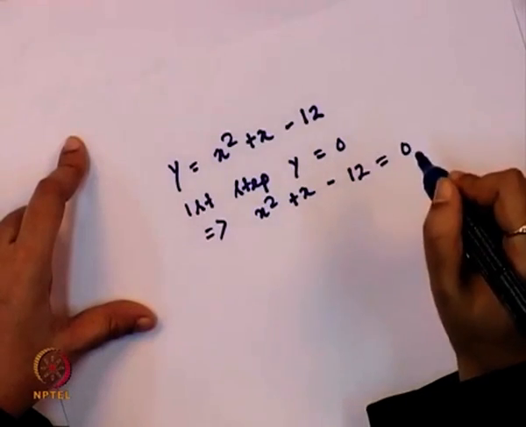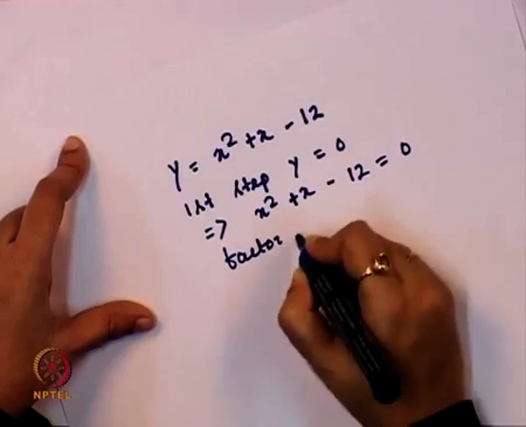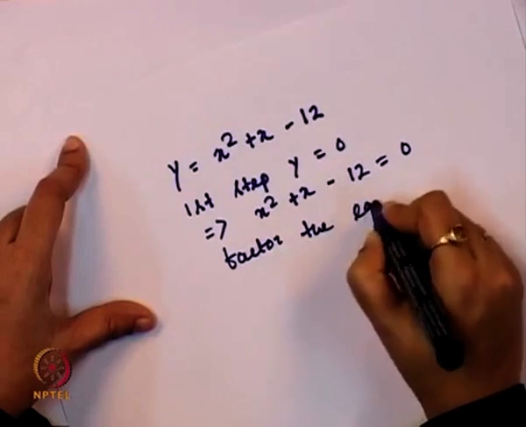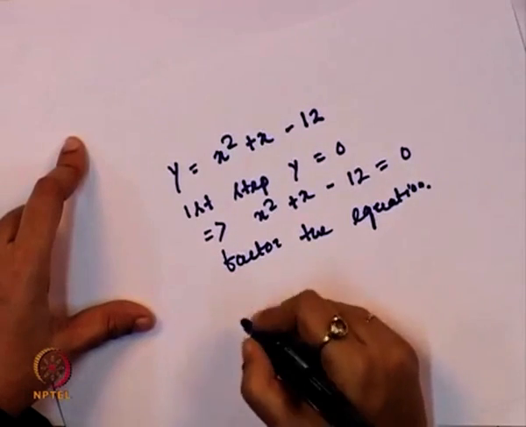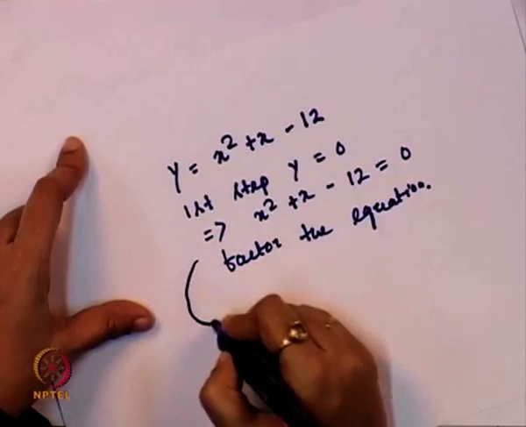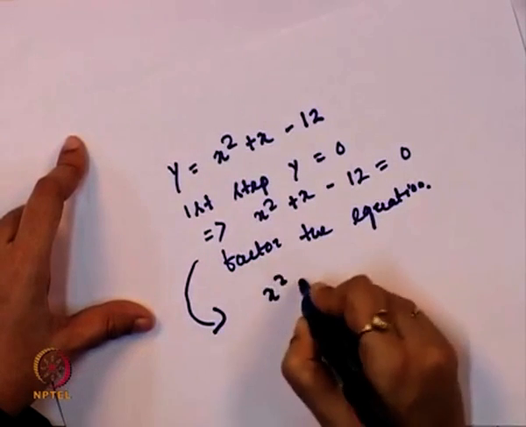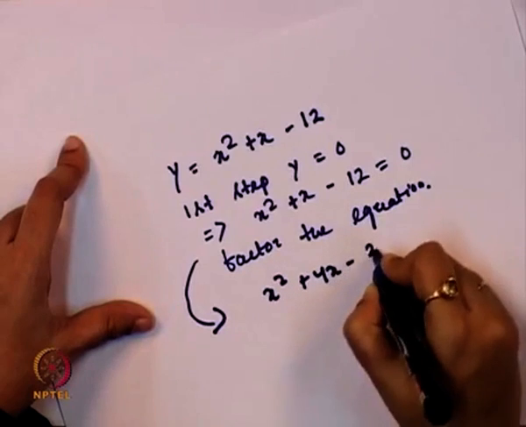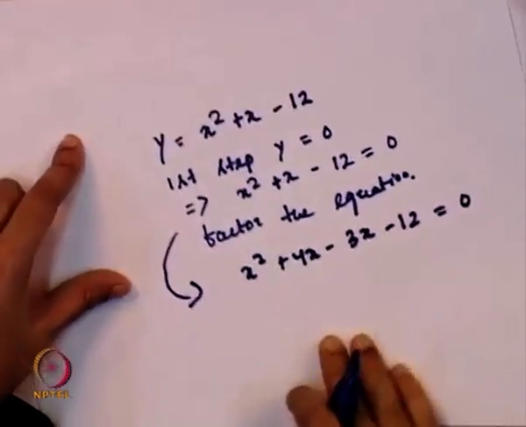Now, what is the second step? We have to factor the equation. Okay. So, this x square plus x minus 12 can also be represented as x square plus 4x minus 3x minus 12, which is equal to 0.